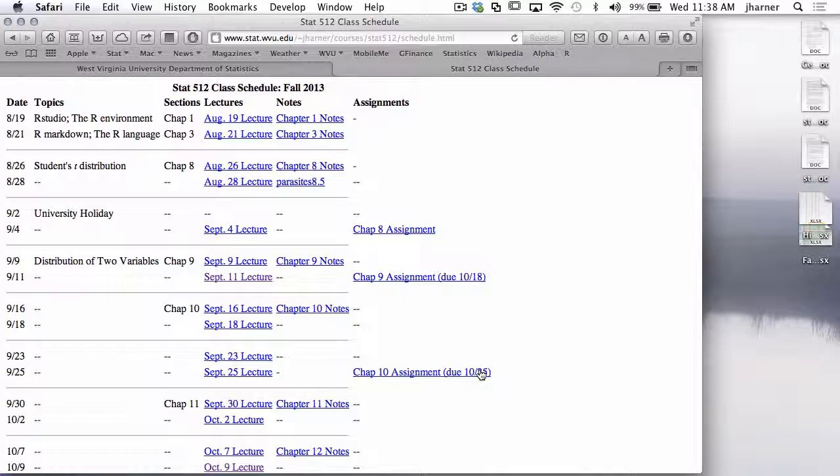So there may be a little bit on Chapter 3, but most of the exam will start in Chapter 8. And my intent is to go through section 12.2. And 12.2 is something we'll cover today.